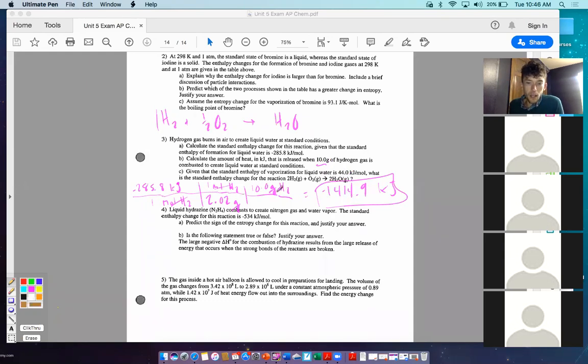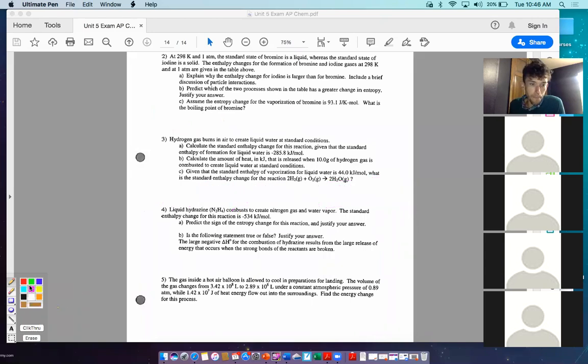Okay, then part C. This is going to be a Hess's law type question. So my reaction right now is the combustion of hydrogen gas plus 1/2 oxygen gas yields liquid water.